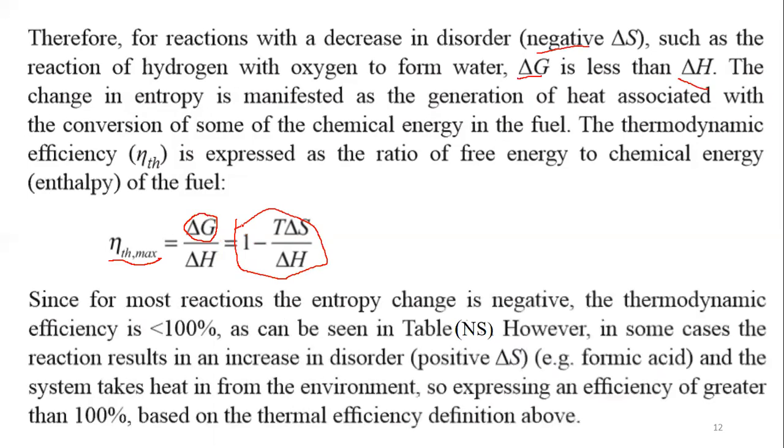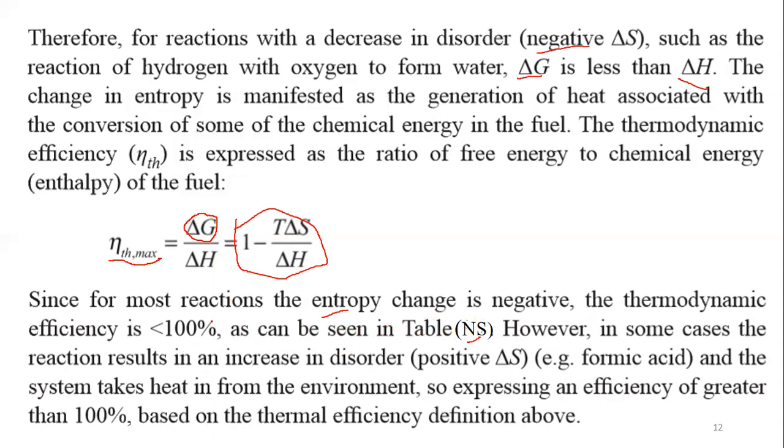Okay, now the interesting thing is that for most reactions, the entropy change is negative. The thermodynamic efficiency is less than 100%, and this can be seen in the next table, which I will show you in the next slide.